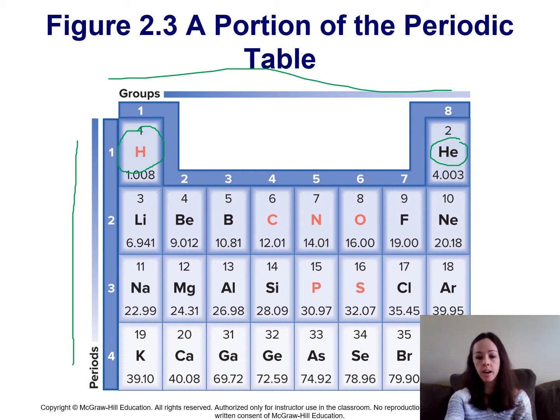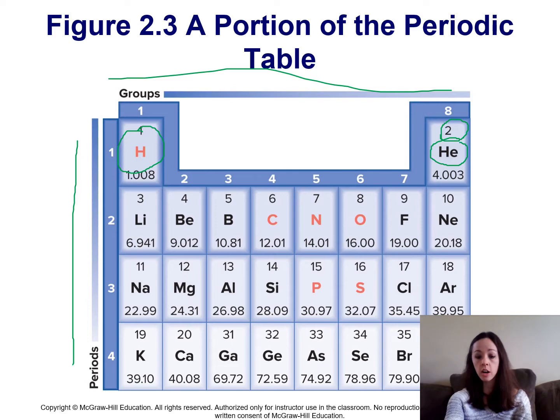Even though it is in group 8, its atomic number is 2, and so there's only 2 electrons in its outer shell. It is, however, in group 8, since it's a stable atom, and it will not chemically react with others. This is why we use helium to fill up balloons instead of hydrogen.